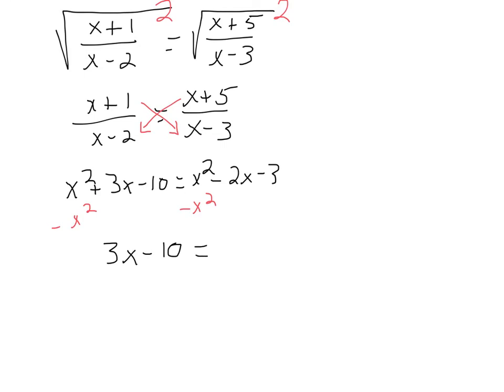And you end up with 3x minus 10 equal to a negative 2x minus 3. Add 2x to both sides, add 10 to both sides, and x comes out to be 7/5.